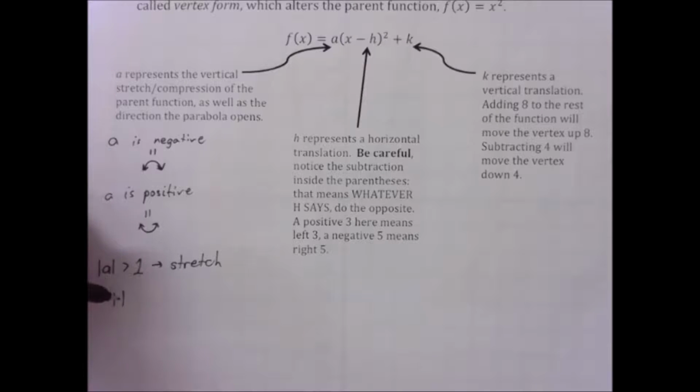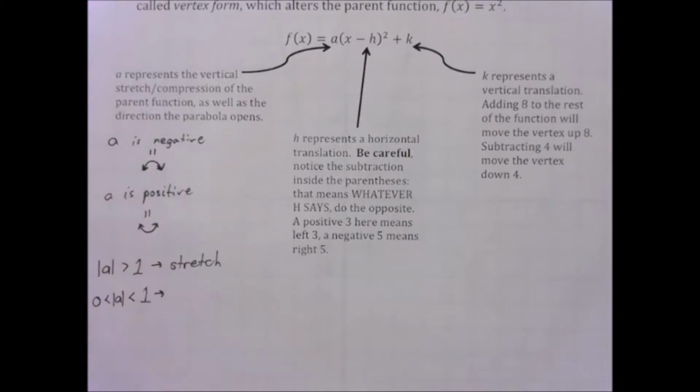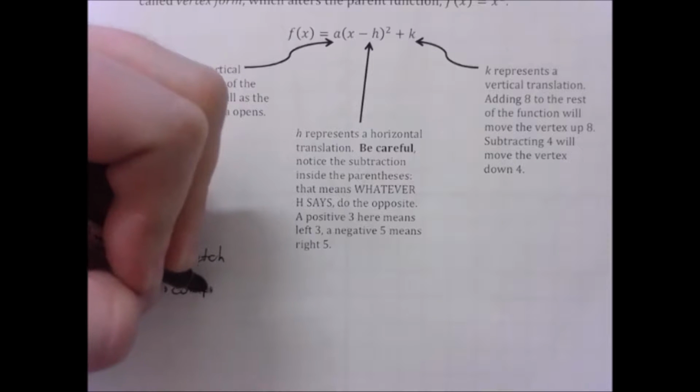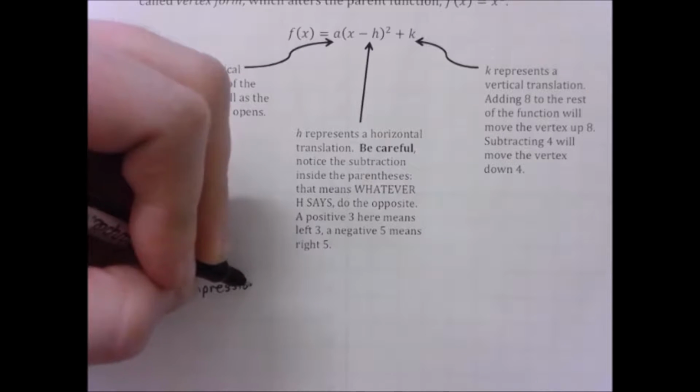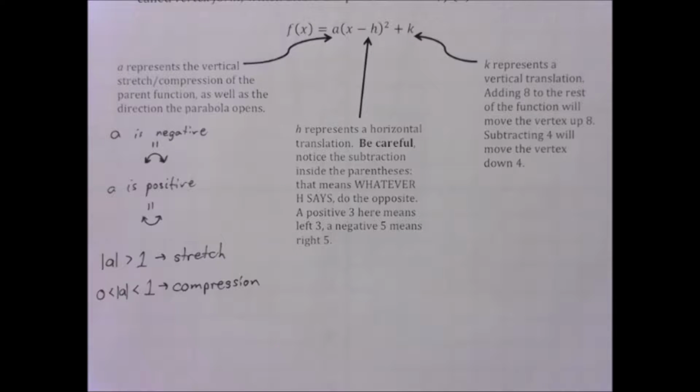If a is between 0 and 1, in other words, if a is a fraction, we call that a compression. And I'll get to some examples of those and how we plot points when we have stretches and compressions.